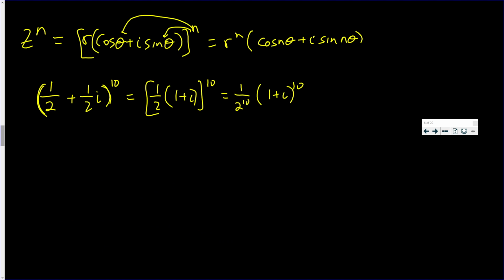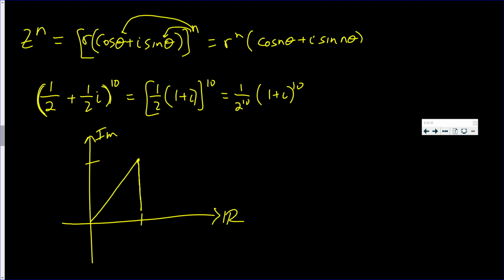And then we'd find r and the angle. Reals, imaginaries, 1 and 1. So that's 1, and that's 1. Well, this is square root of 2, and this is 45 degrees.